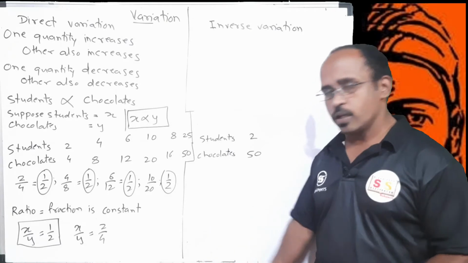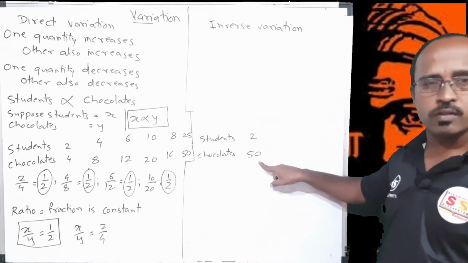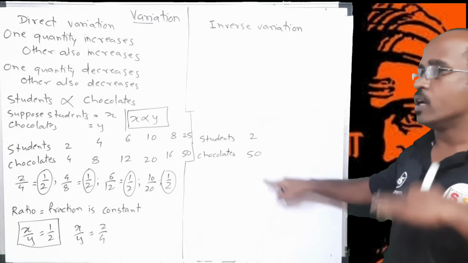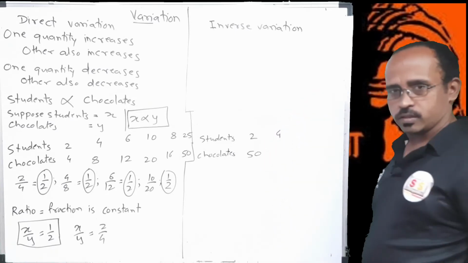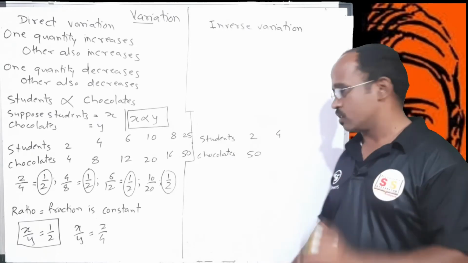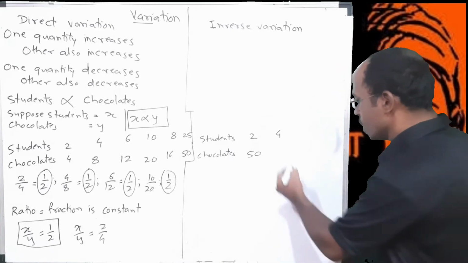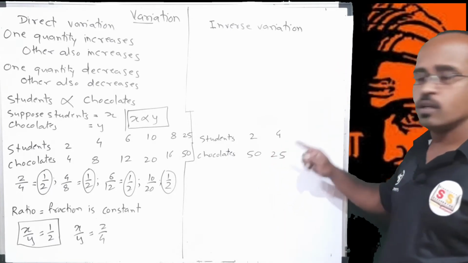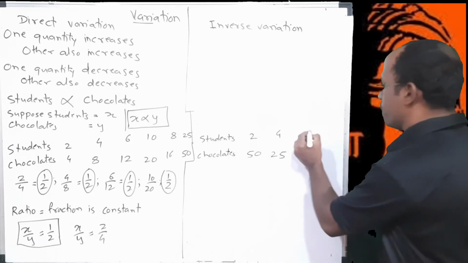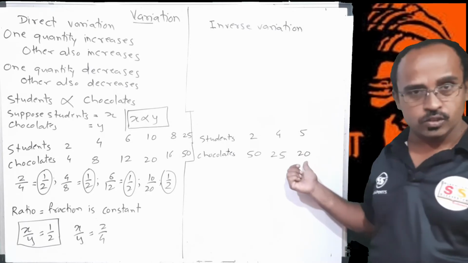getting. So if you are distributing those 100 chocolates among 2 students, each student will get 50 chocolates. If you will distribute those chocolates among 4 students, each student will get 25 chocolates, right? If you will distribute those 100 chocolates among 5 students, each student will get 20 chocolates.